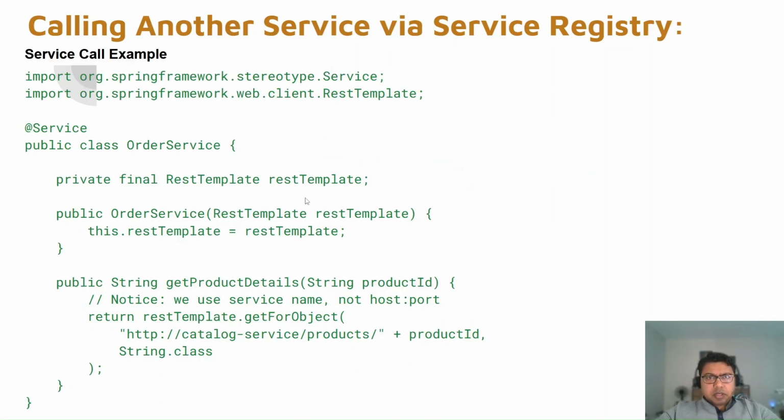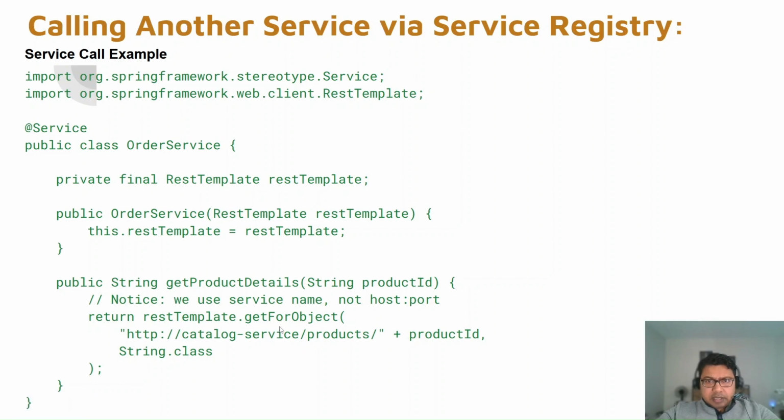So if you think it's complex and it's not properly demonstrated here, please wait for the next video, where we will do hands-on for all these things. But just to explain, this is the order service, which is checking in Eureka.